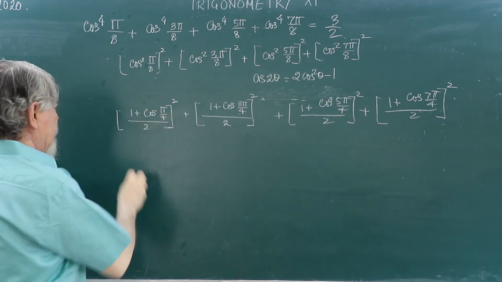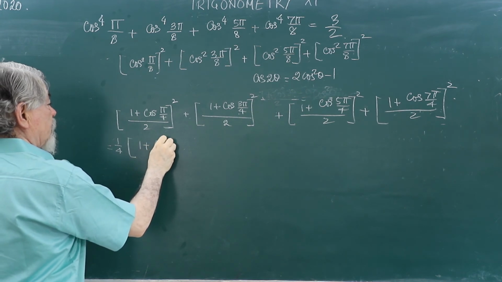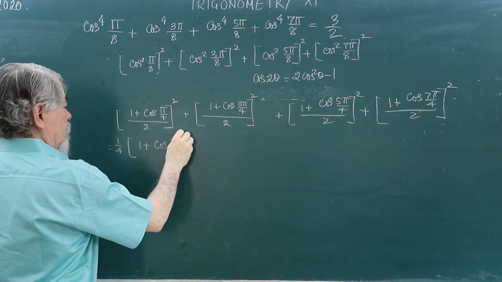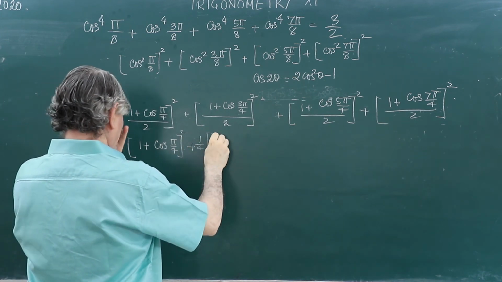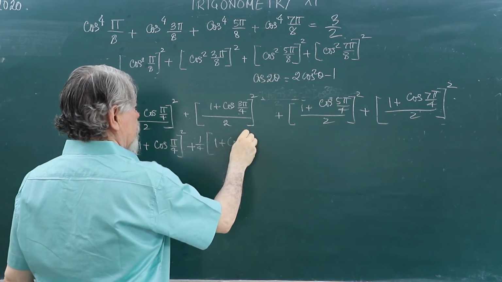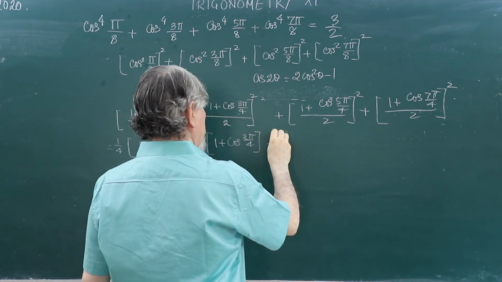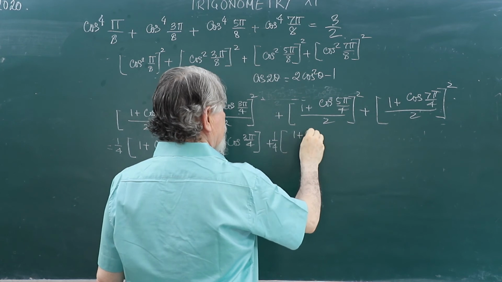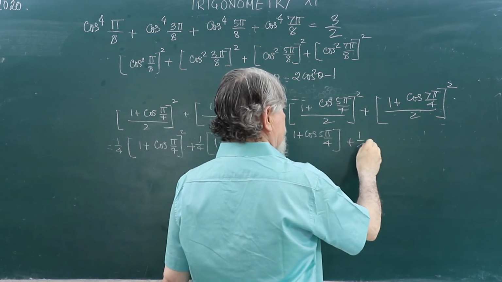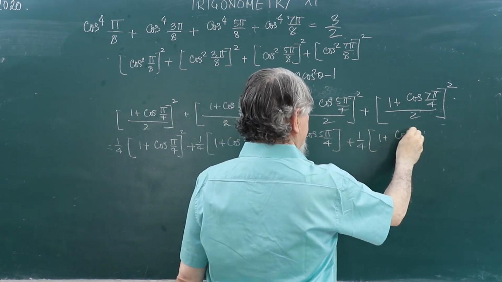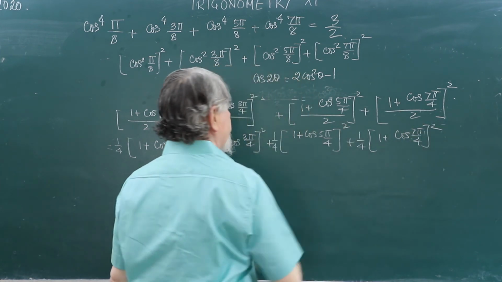When I take 2 outside, it will become 1/4 everywhere: 1/4 (1 + cos π/4)² + 1/4 (1 + cos 3π/4)² + 1/4 (1 + cos 5π/4)² + 1/4 (1 + cos 7π/4)². Everywhere the square is there. The square has gone away.